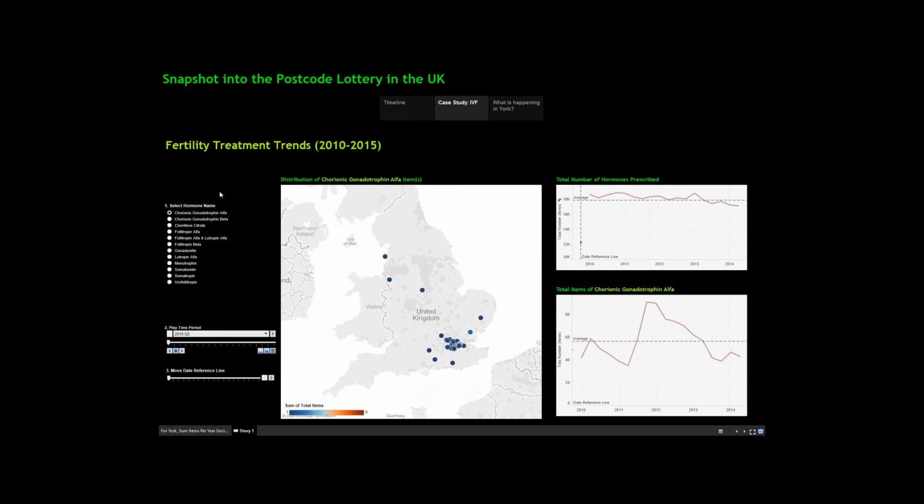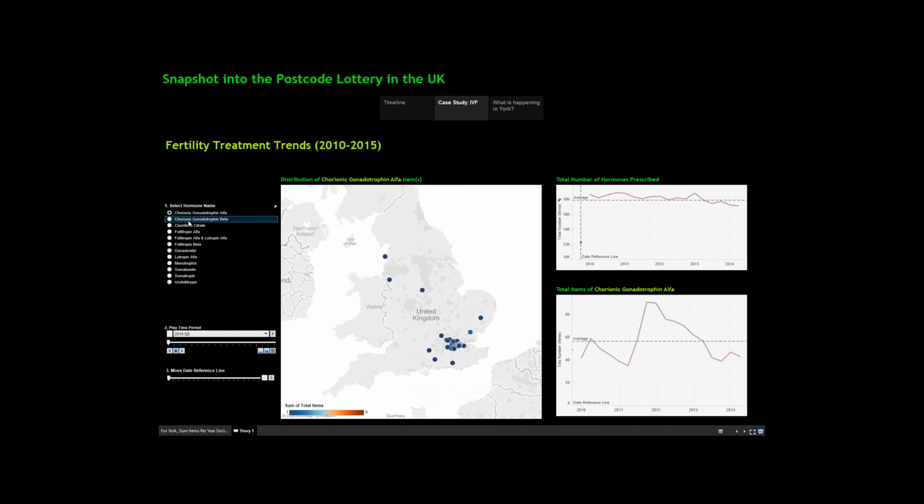So I narrowed down the hormones to this, and I mapped the distribution of the hormones over time on the map of the UK. Here on the left, you can select the specific hormone treatment. There are 17 available that were prescribed from 2010 to 2015.